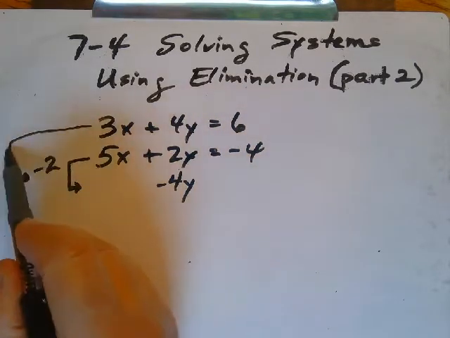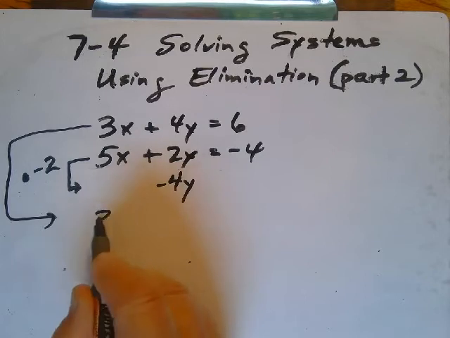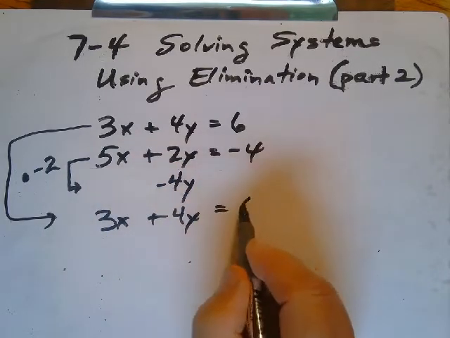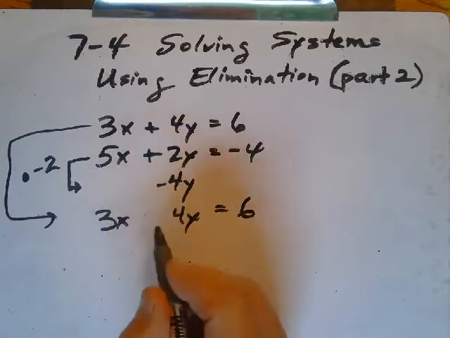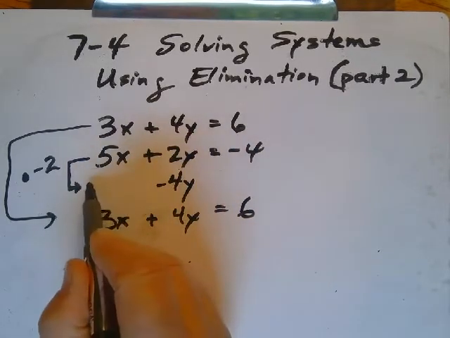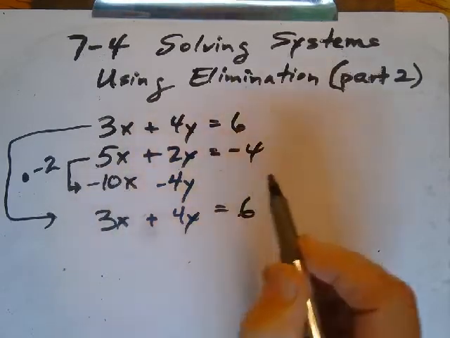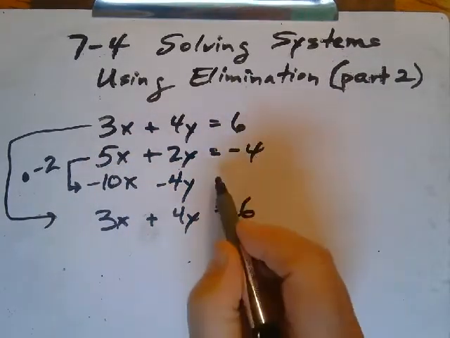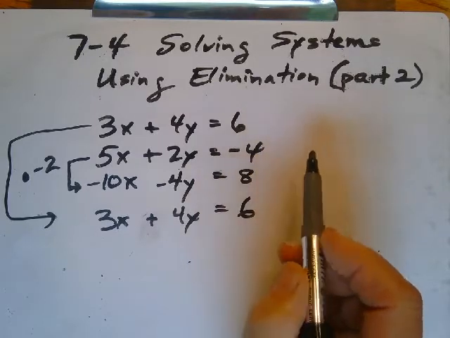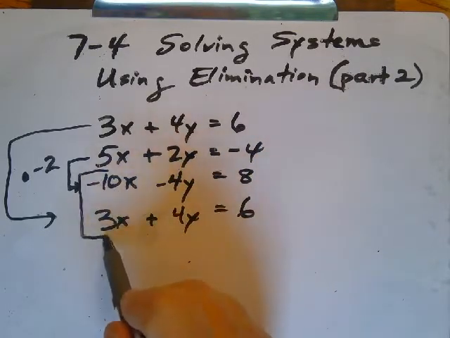Well, that's opposite of 4y, so when I add those up, that will go out. Now I'm going to have to move this one down here, and I'm going to do that now so you can see what we're doing. Just move that one down to the bottom. Now if we multiply this 5x times -2, I get -10x. And -2 times -4 is a positive 8. So the two equations we're looking at now are these two.